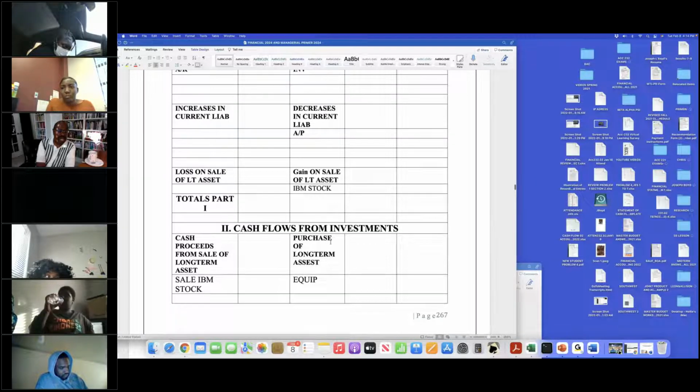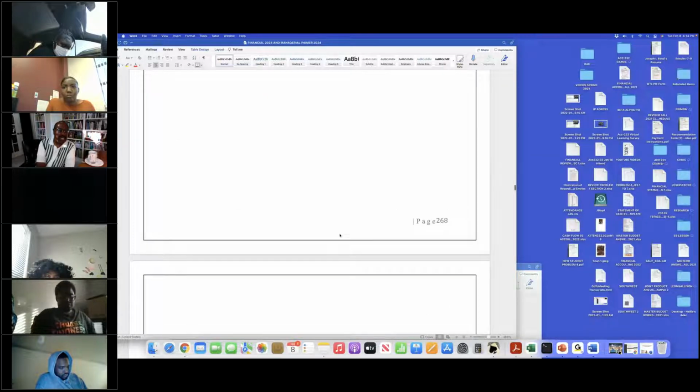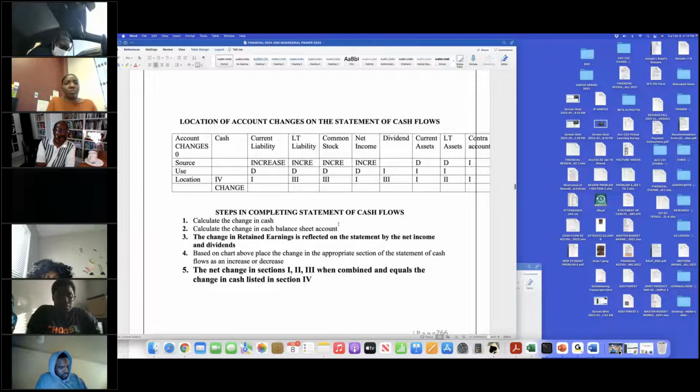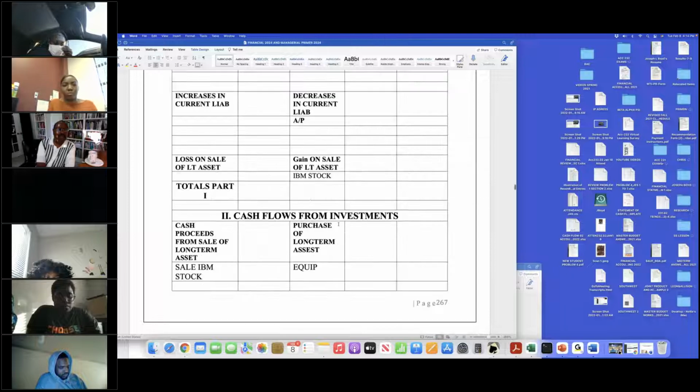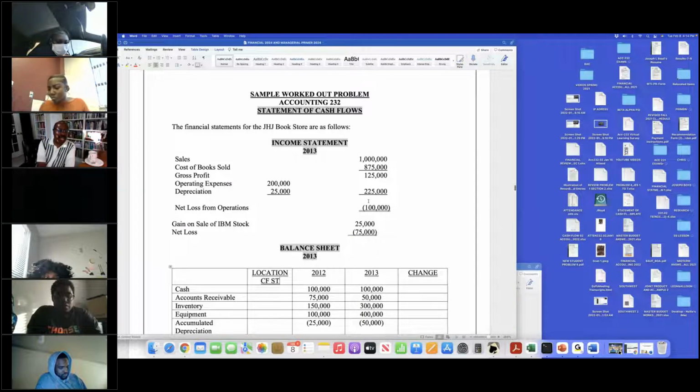And it tells you the change in the cash flow. And then what you're going to have is an income statement and a balance sheet, and you're going to be told to do a statement of cash flow. So that's what you're going to be told to do.